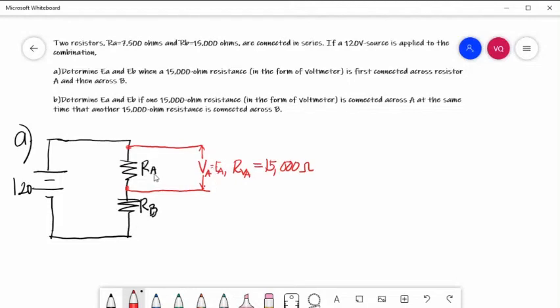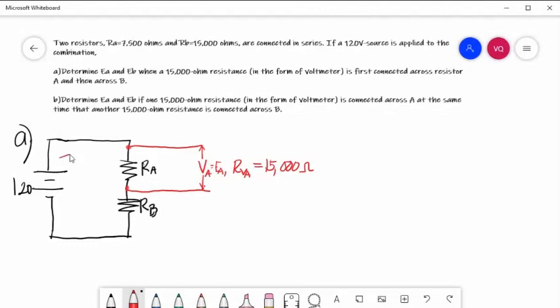Since RA and this RVA, as you can see, are in parallel, before we can solve the voltage drop across this RA, we must first solve the current, and then we will use voltage divider theorem to solve VA.